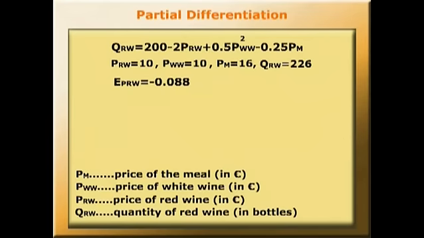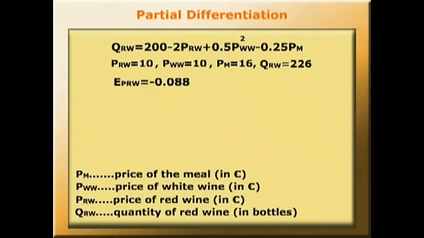Now we can see what happens to the quantity of red wine that he sells when something else changes. Let's think about the price of white wine. Here we need the cross elasticity of demand. The demand for one good when the price of another good changes.